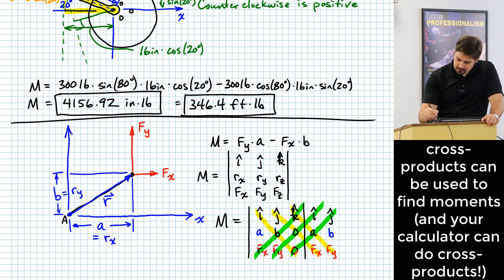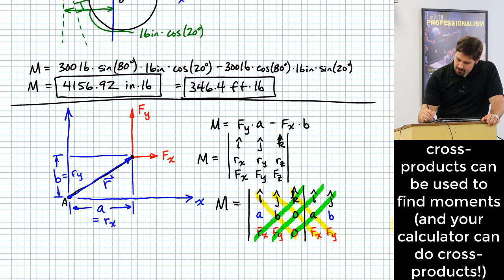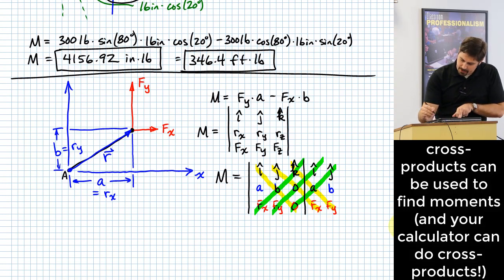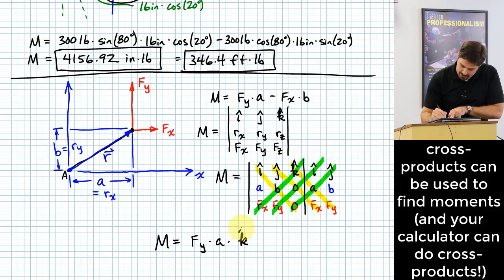So M is going to be equal to positive Fy times a times k, and then a negative, because remember you subtract when you go along the green diagonals. You take minus Fx times b times k.